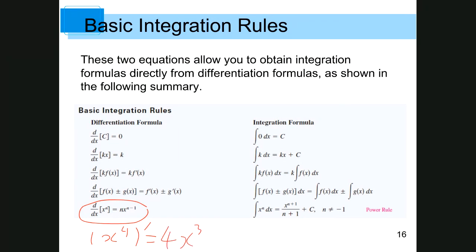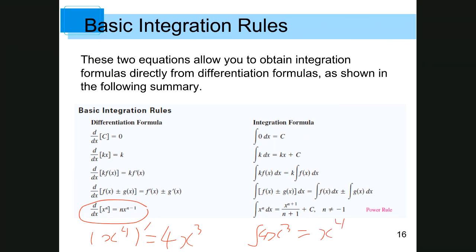Remember, the integral is the backward of the derivative. Now, just imagine I asked you for the integral of x cubed. I know now that the integral of 4x cubed will be x^4.